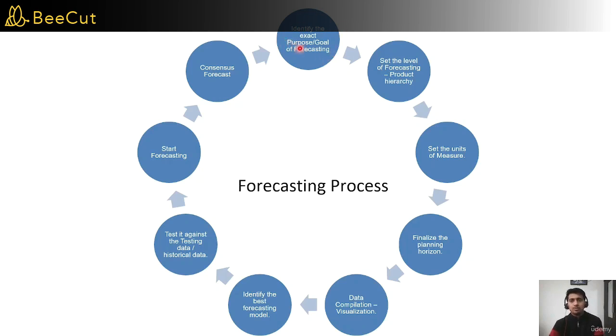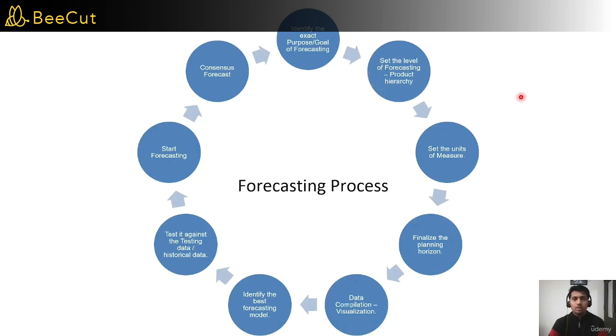Okay. So once you have it, then you go to the next step, which is defining the level at which you want to forecast. You may have a different product hierarchy with you, right? You have product family, SKU level, then you have different levels of product hierarchy. You want to decide at which level you want to forecast.